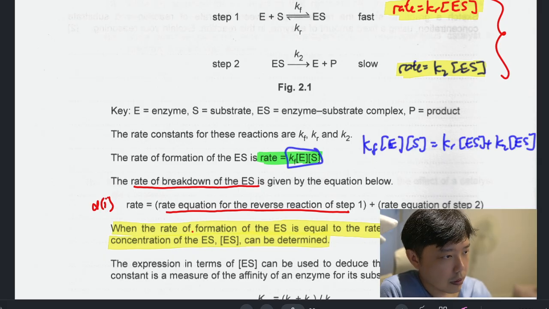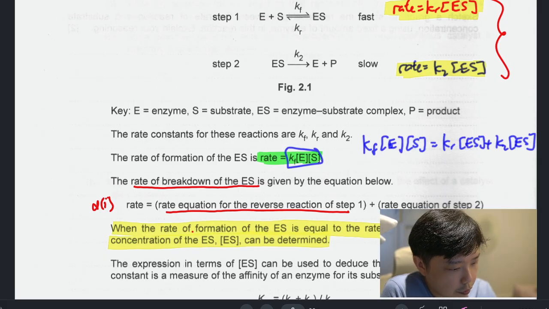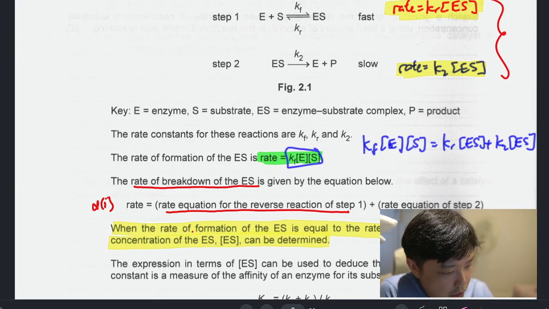Okay, so with each of these in place, let us rearrange this equation in terms of ES.